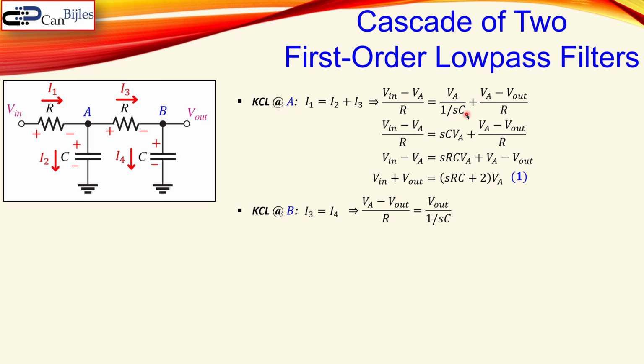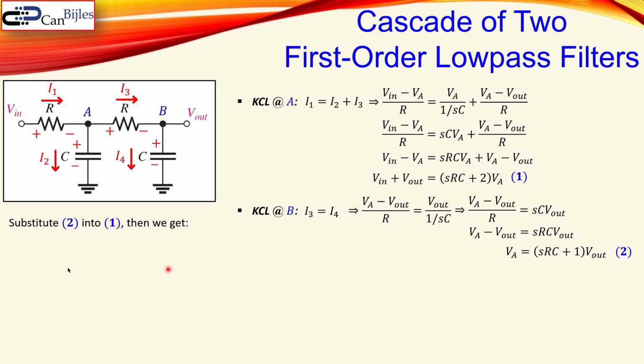Again, we proceed as we have done before, so you just do 1 over the fraction, which is this multiplication here with the V out, and you now also multiply the left and right hand side by this resistor R, and now you can also take this V out to the right side, and you have now this expression for VA, which is then given by this expression. Now if we note this as equation number 2, we can do the following next step.